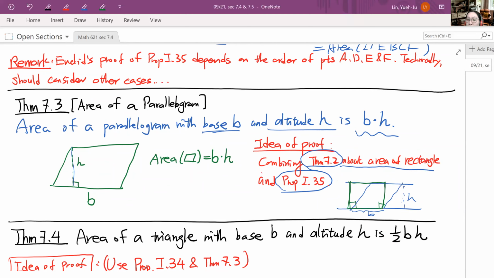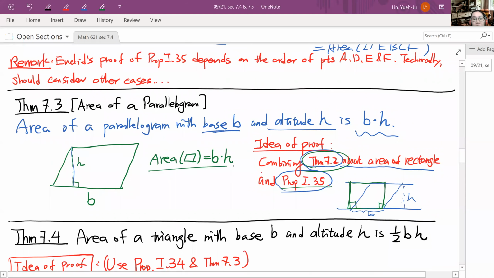But we already know from 7.2, if we assume 7.2 is proven true, that the rectangle has area B times h. And by 1.35, these two shapes have the same area. So that gives us the area of the parallelogram as B times h.